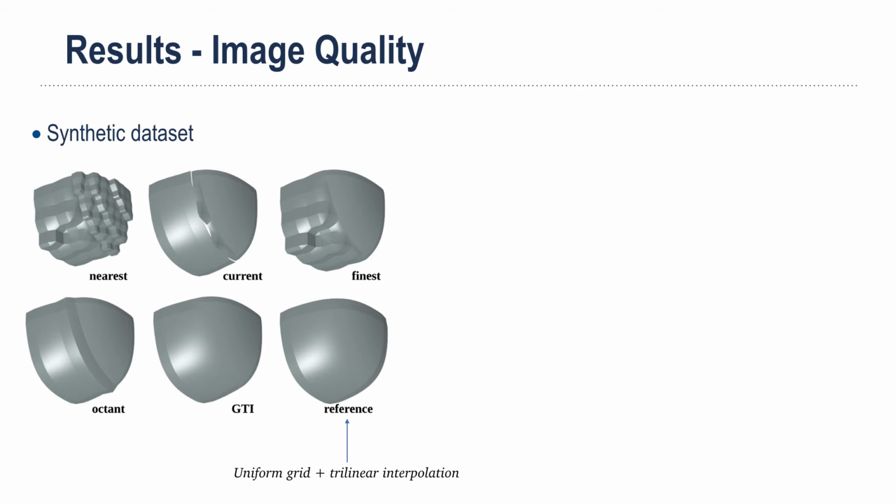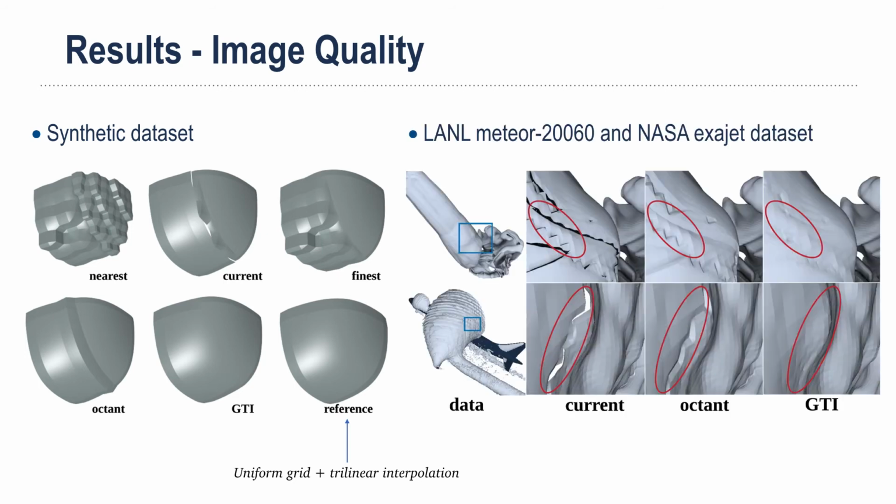Isosurfaces in other images are generated from an adaptive mesh. The results show the GTI method produces a crack-free isosurface that is visually closest to the underlying data. When testing with the real-world dataset, the GTI method produces the highest quality isosurface.